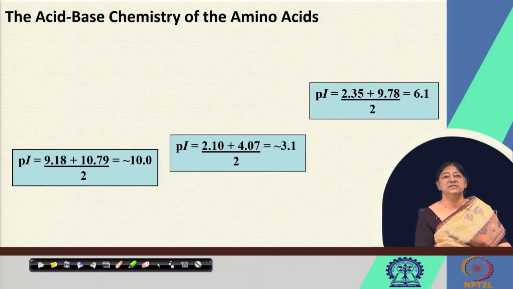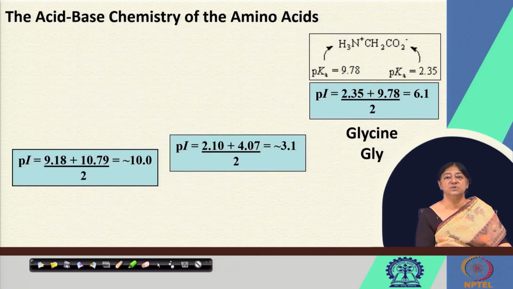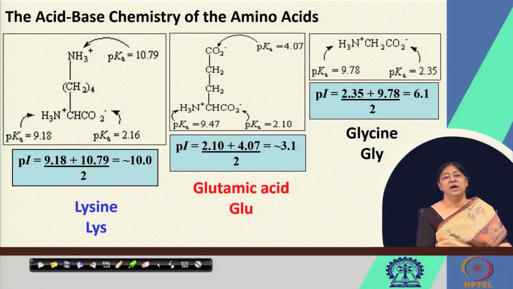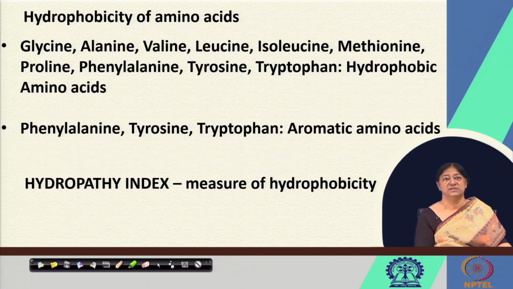If we look at the acid base chemistry of the amino acids, we saw how glycine behaves, how an acidic amino acid behaves, and how a basic amino acid behaves. So, we now know how to calculate the pI of an amino acid, and later, when we study the peptide bond, we will understand how to calculate the pI for a series of amino acids.